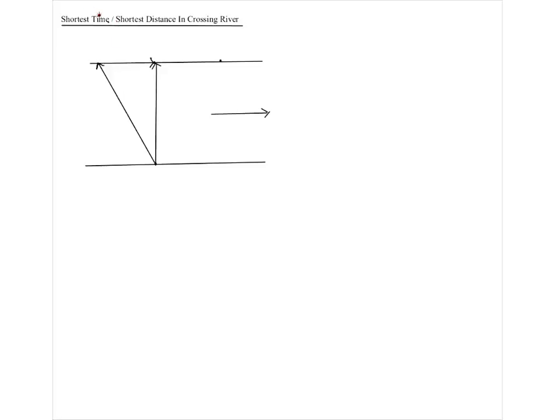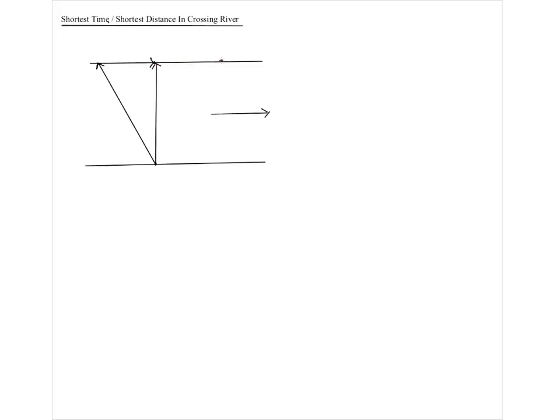So shortest distance. Anybody else? He is going perpendicular with respect to the river. No. With respect to the river, he is going perpendicular. Won't the river push him to the right?